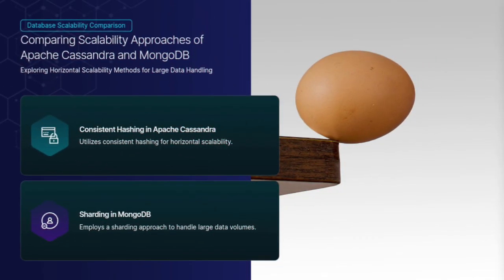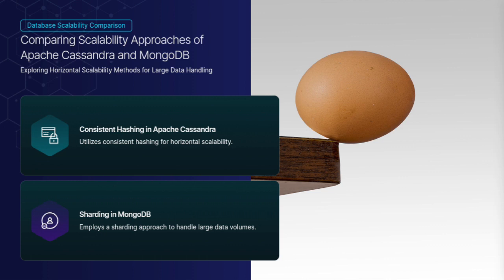Now comparing scalability approaches of Apache Cassandra and MongoDB. Both offer scalable approaches, but they differ in implementation and management. Apache Cassandra's decentralized architecture and automatic partitioning make it well suited for massive scale and high availability scenarios.